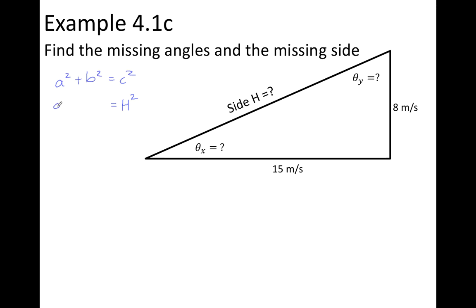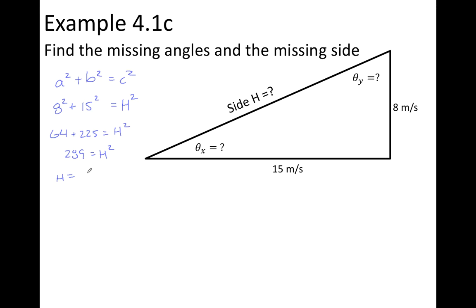So we can say 8 squared plus 15 squared is h squared. From here, we can square both terms here, add them together, and then take the square root of both sides to give us side h.